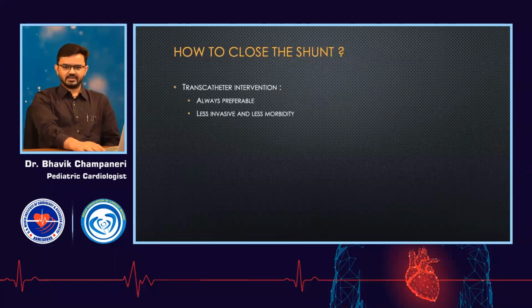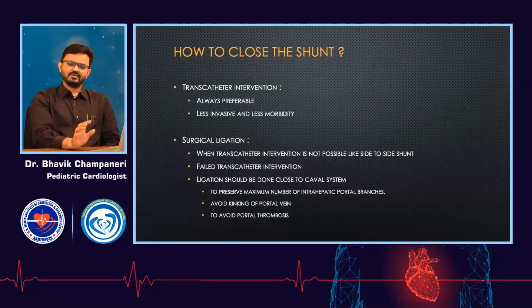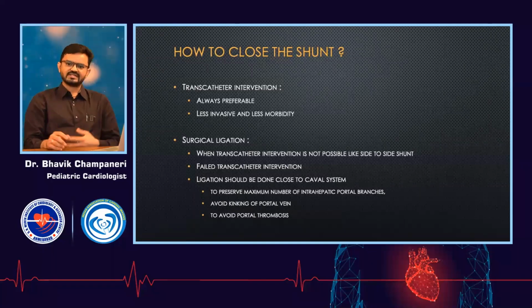Closing the shunt is by two options, whether it can be transcatheter or surgical. Transcatheter is always preferable because it is less invasive and less morbid. Surgical ligation is indicated when it is not possible to do transcatheter intervention, like in side by side shunts, or failed transcatheter interventions.